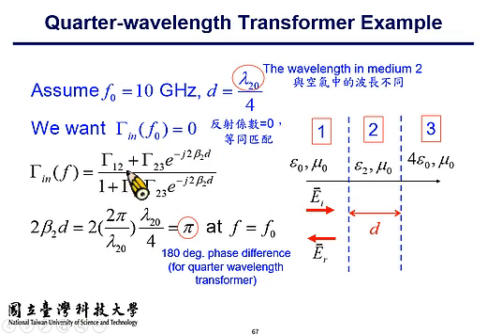Then we may be able to solve this problem. So we choose 2 beta 2 D equal to pi, and then D equals 1/4 of lambda 2, that is the wavelength within median 2. You can tell this is the so-called quarter wavelength transformer.